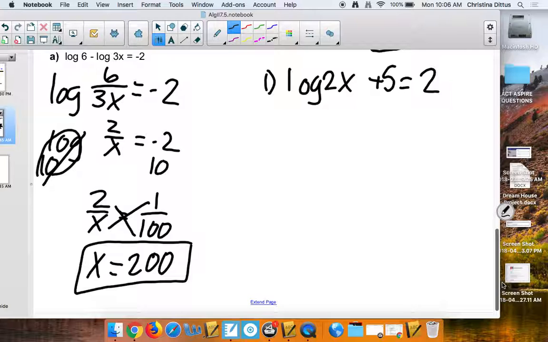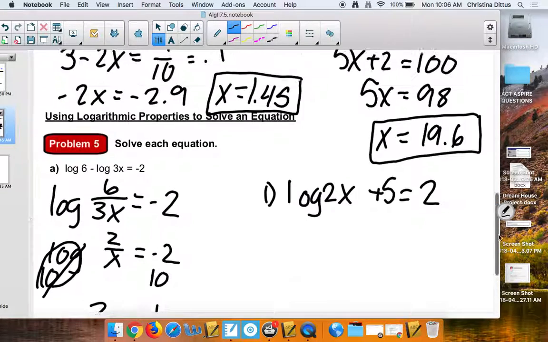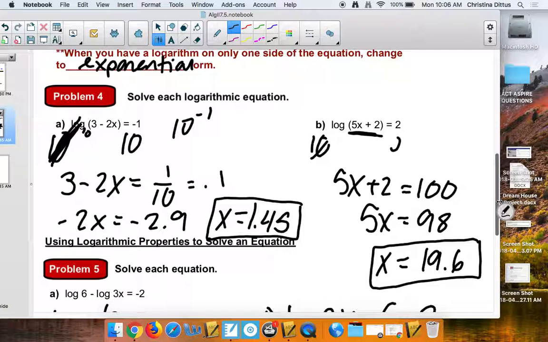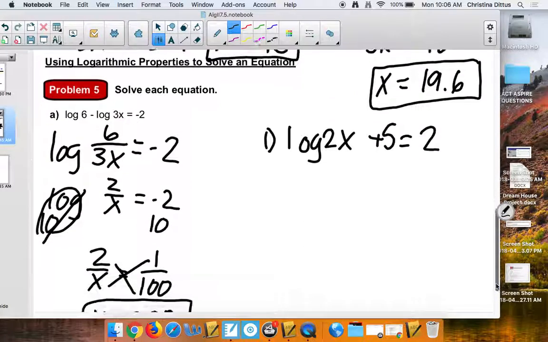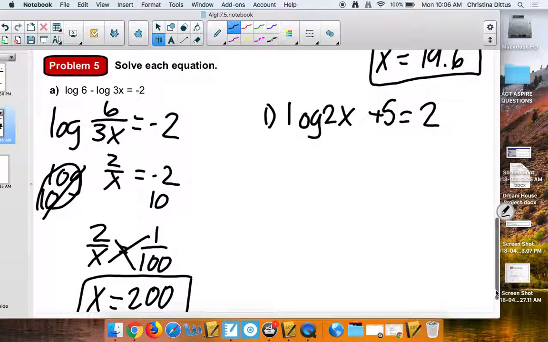Parentheses. It's not in parentheses. The previous one was in parentheses, so all of that was part of our log. Whereas, like Allison said, since this isn't in parentheses, this 5 isn't part of my log, so I need to get rid of it. Your log has to be by itself in order to do the 10 power.